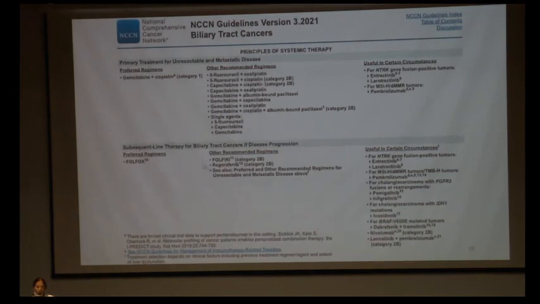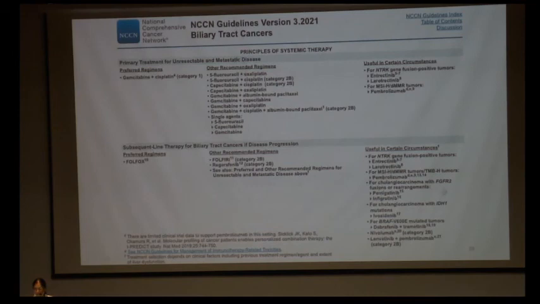FOLFIRI and regorafenib have also been approved for subsequent line therapy. And this is the interesting part. If these patients have these molecular abnormalities, then these drugs can be used. These are tumor agnostic drugs, which can be used in any solid tumor with these molecular markers. So NTRK gene fusion positive tumors: entrectinib, larotrectinib; MSI high: pembrolizumab.